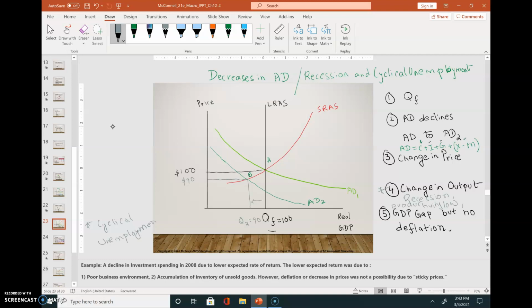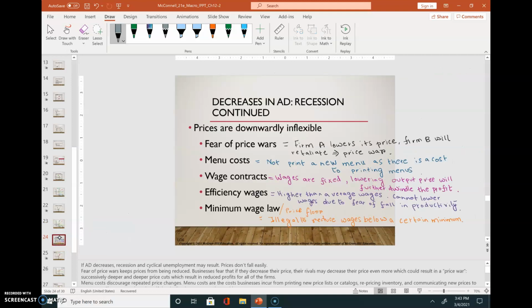So now I will look at the concept of sticky prices before explaining the rest of the graph. Okay, decreases in aggregate demand, recession continued. It says prices are downwardly inflexible. That means prices are sticky, or prices are not going down.